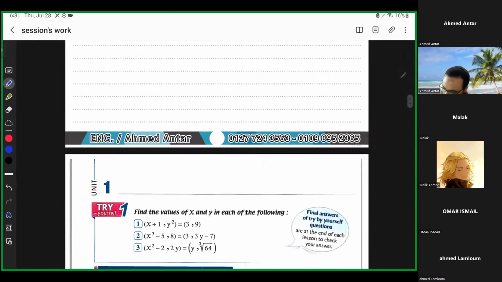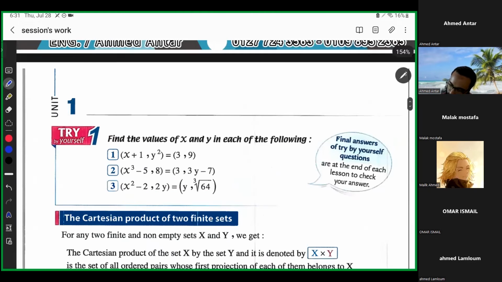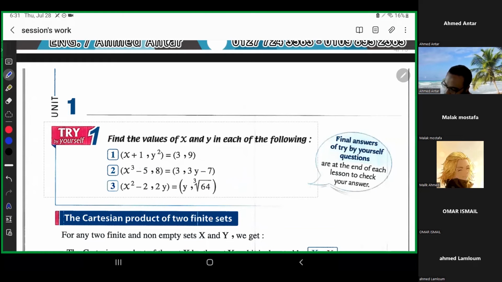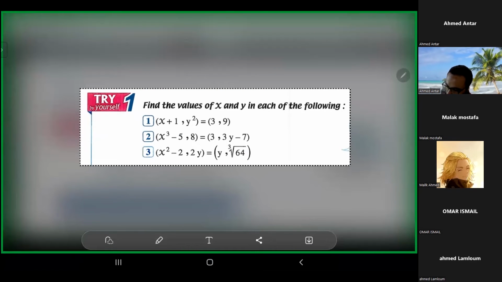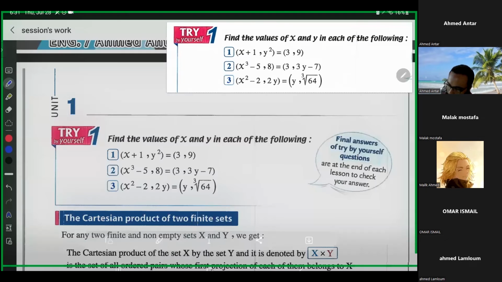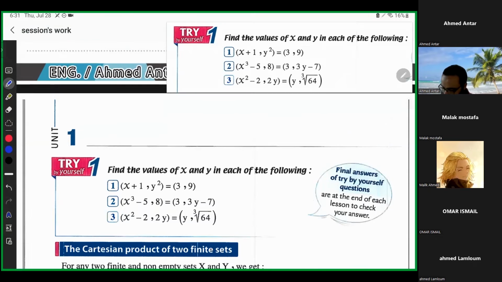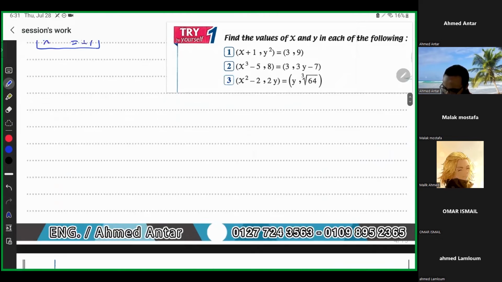We have a try here. You can try the first one and then we will solve it together. Okay. Find the values of x and y. You can write it in the chat also. Solve it in your notebook and write the final answer in the chat.